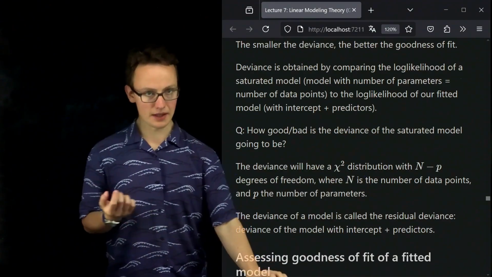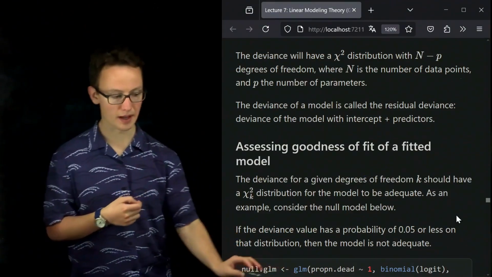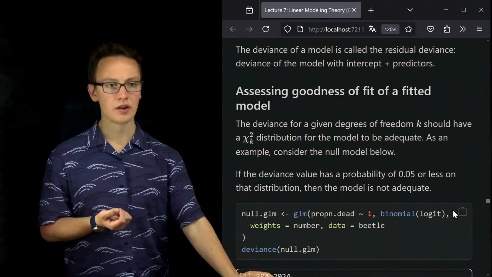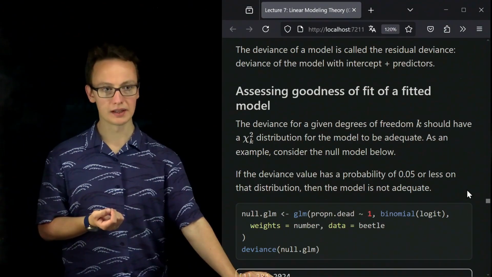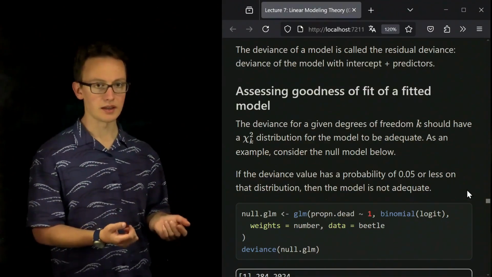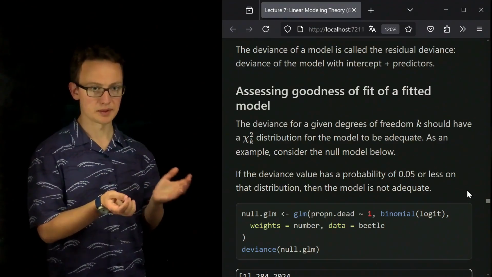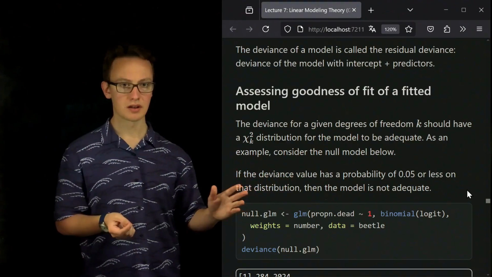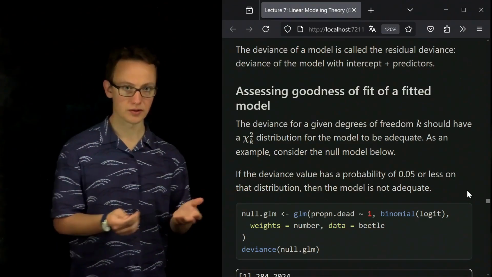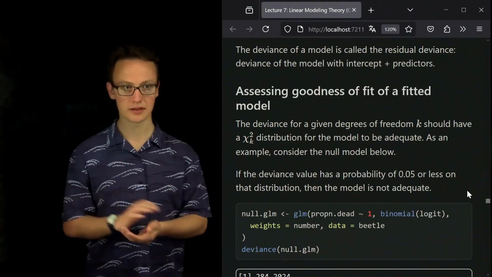So let's see this concept of deviance in action in our concrete example dataset and corresponding logistic regression model regarding the beetle data. So recall that the deviance is a value, a number, that can be assumed to be sampled from a chi-square distribution. And the chi-square distribution is a probability distribution which we can also use to conduct significance tests, as we saw, for example, for the likelihood ratio test.